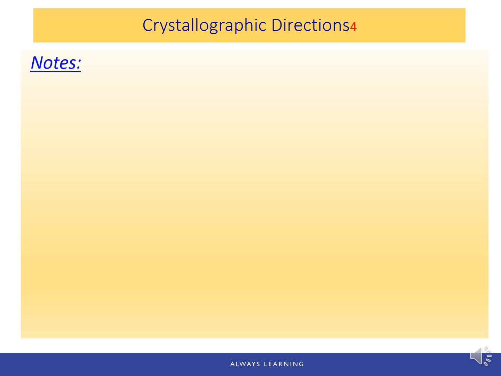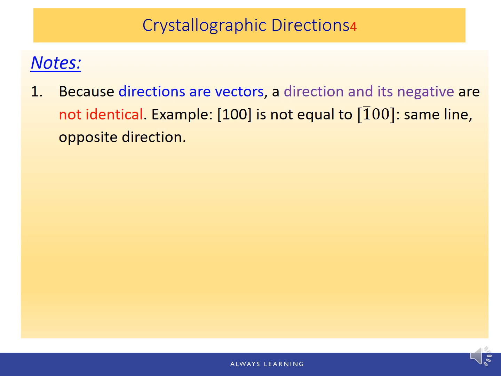Here are some notes on crystallographic directions. First, crystallographic directions are vectors, so they have a magnitude and a direction. A direction and its negative are not identical. We have been talking about [1 0 0] and [-1 0 0]. They are in the same family of directions and they are equivalent.